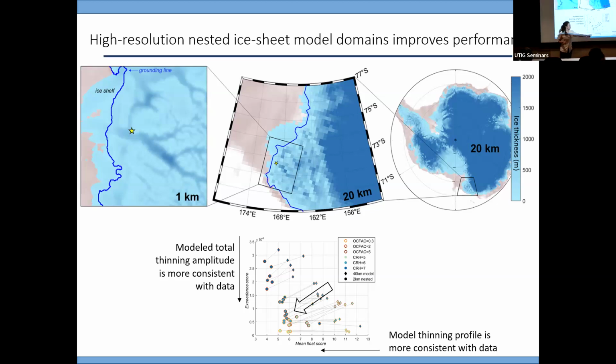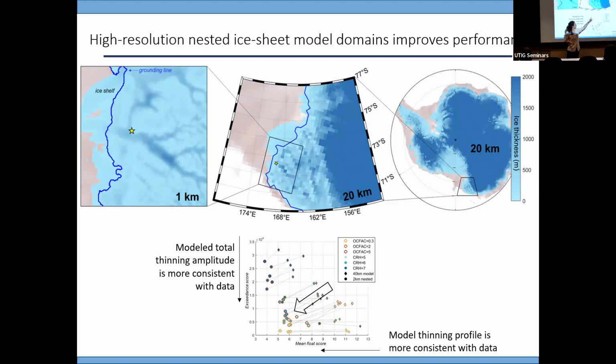These are two different metrics for scoring terrestrial data. This one is the amplitude of thinning, like how much do the models thin since the last glacial maximum, and how does that agree with the data? And this is just the shape of the thinning curve. Here I've plotted each model run twice.